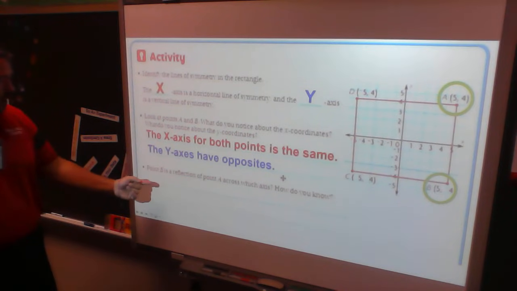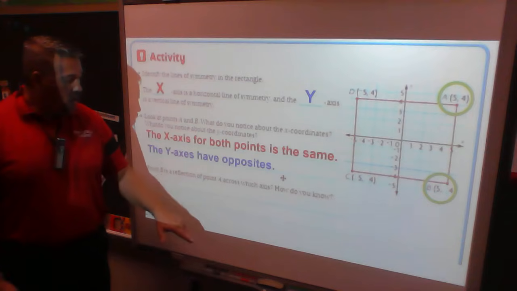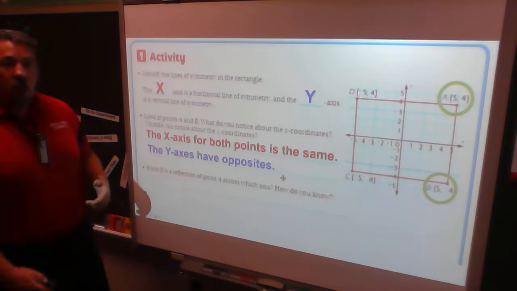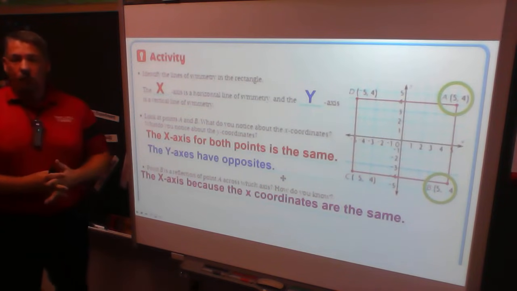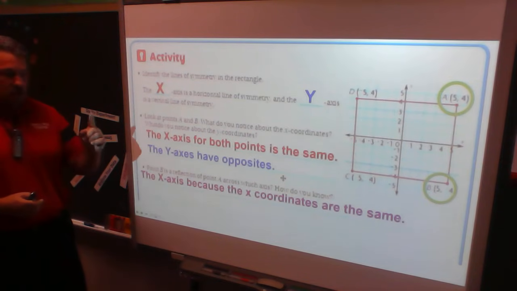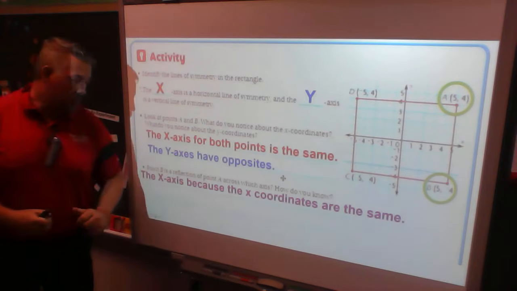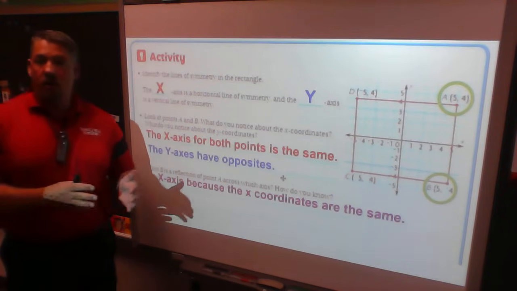Point B is a reflection of point A across which axis then? And how do you know? The one that stays the same is the axis that it uses for its reflection. So the x-axis is the answer because, how do I know? Second point, if this was a homework assignment, because the x-coordinates are the same.